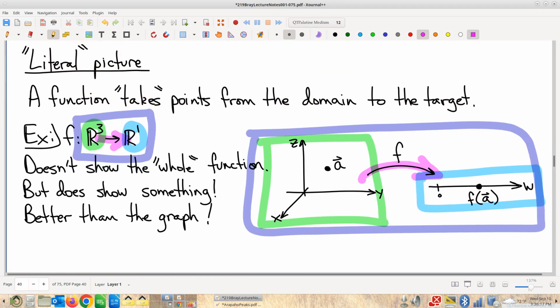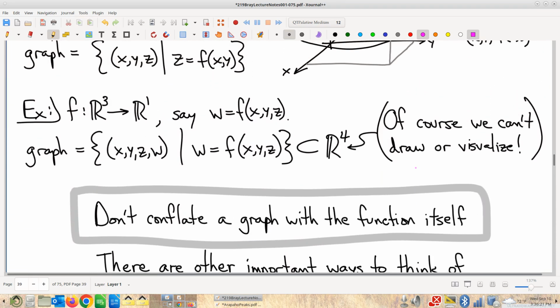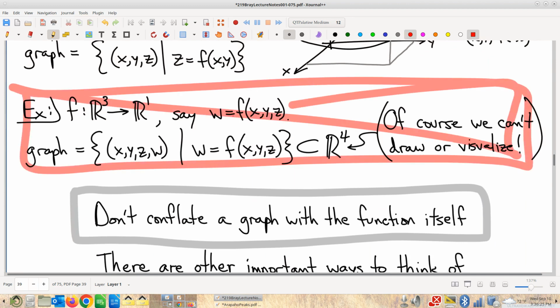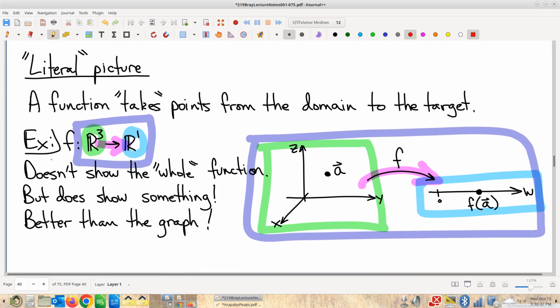Disappointing picture here for a function of 3 variables. No picture, crash and burn failure for the graph. Now which do you like better? In a choice between nothing and disappointing, you've got to give the nod to disappointing.